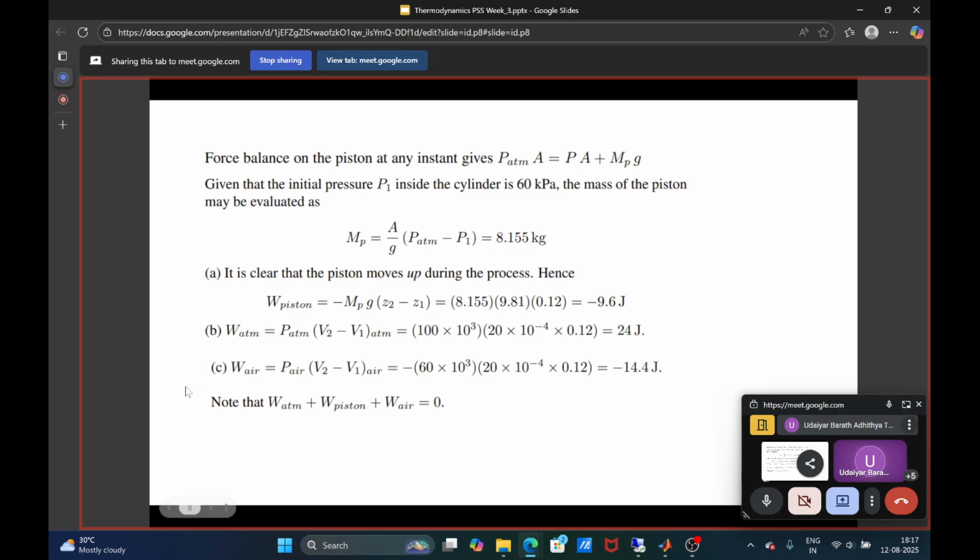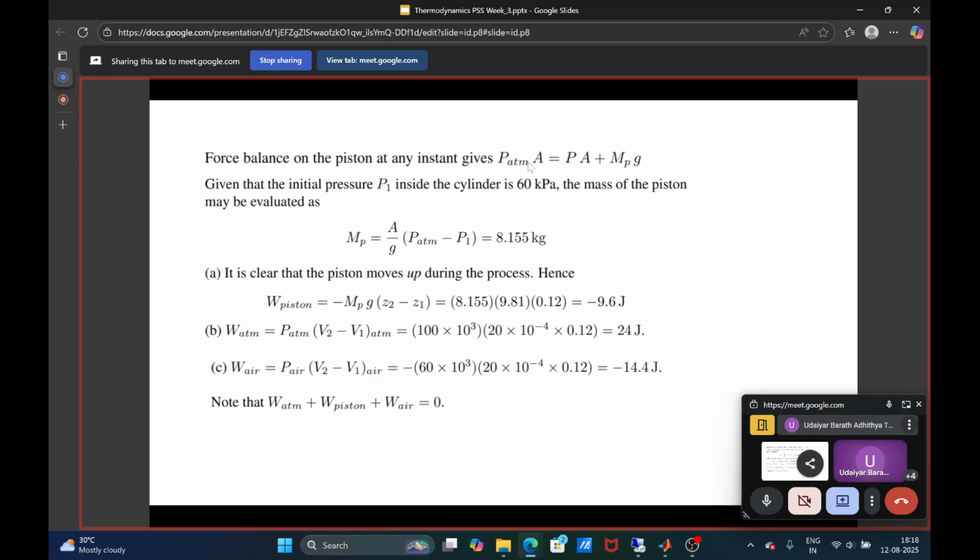Similarly, the work done by the air: the air is also at a constant pressure of 60 kilopascal. If you see the force balance, at any point of time the piston weight will not change and the atmospheric pressure is not changing, so P will also remain constant. The air pressure inside the cylinder is always 60.